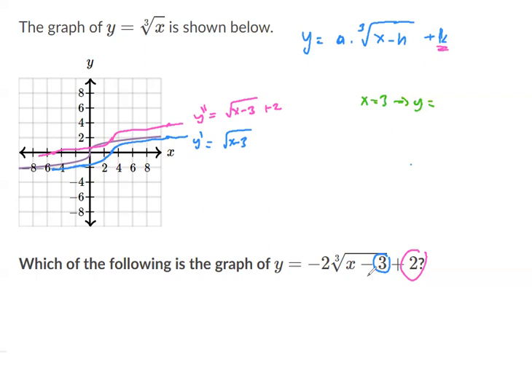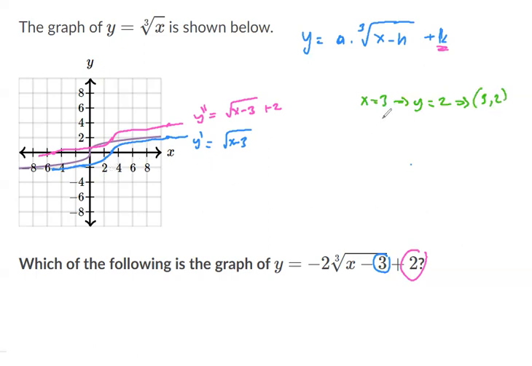This part will be 0, so nothing will really change. The cube root of 0 is 0, and negative 2 times 0 is also 0. So that will be just 2. Okay, so that wasn't too bad. So 3 comma 2 is the point.